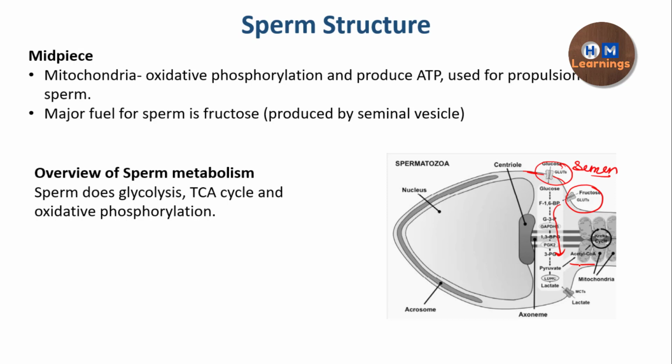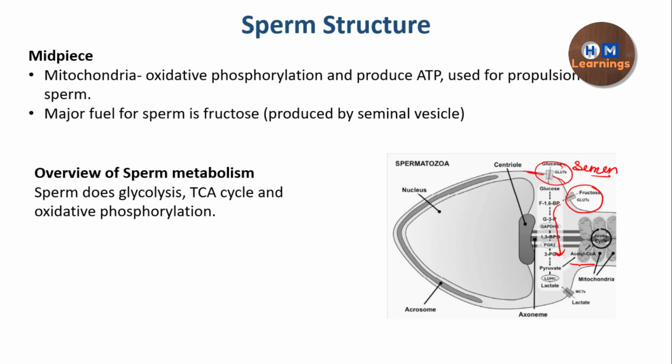All this shows that there is aerobic metabolism of fructose, which is done by the mitochondria, and so much mitochondria is there in the sperm. You can see that almost all the other organelles are removed from the sperm.